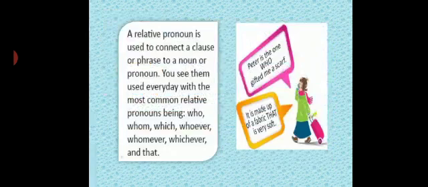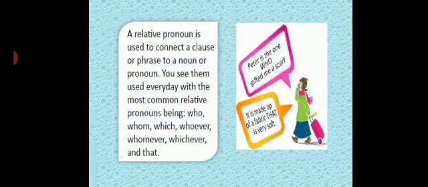You see them used every day. Which are the most commonly used relative pronouns? They are who, whom, which, whoever, whomever, whichever, and most importantly the pronoun that.